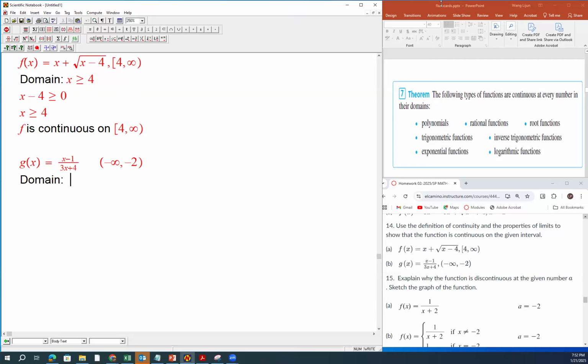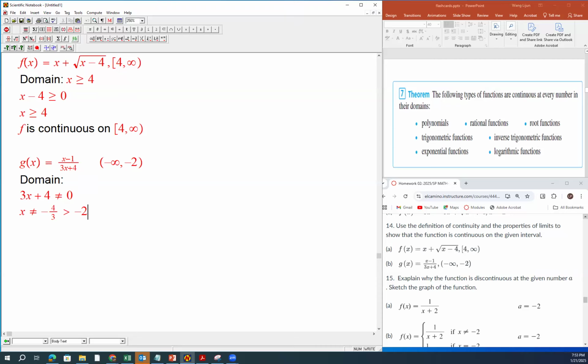The domain of G is that x, we're going to set 3x plus 4 not equal to 0. As a result, we get x is not equal to -4/3. -4/3 is actually larger than -2.